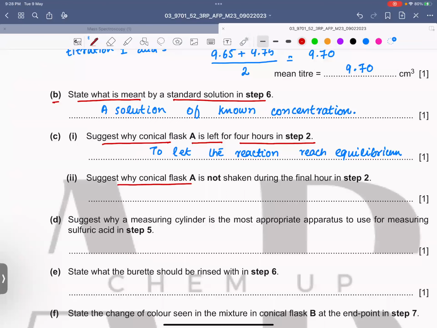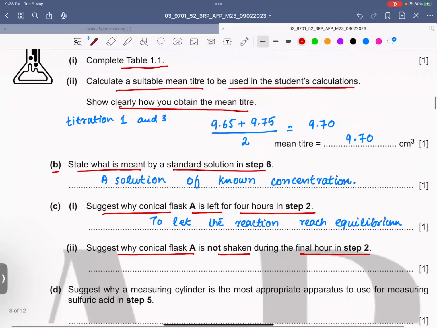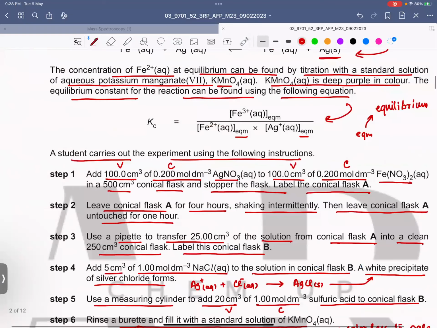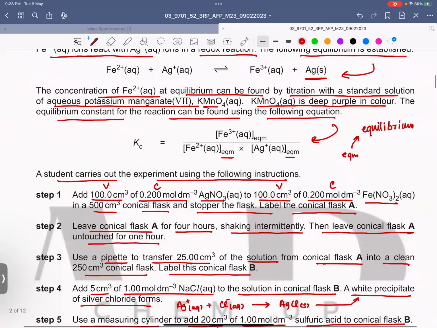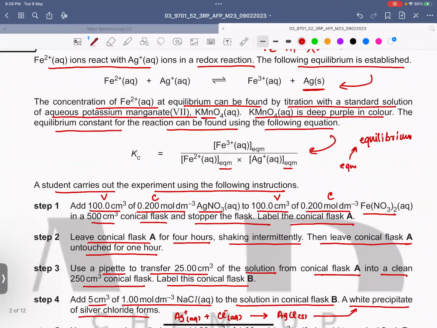Suggest why conical flask A is not shaken during the final hour in step 2. Look at the equation and these steps till step 2. In the reaction mixture, there is a solid as well, right?